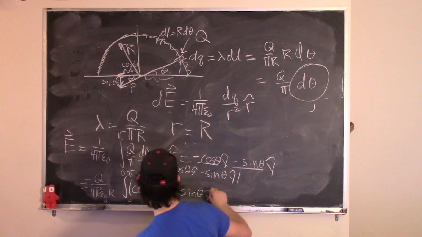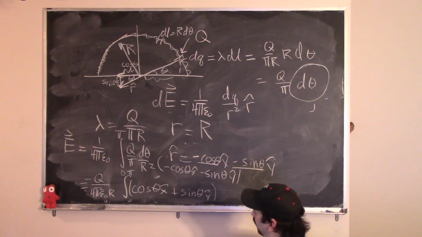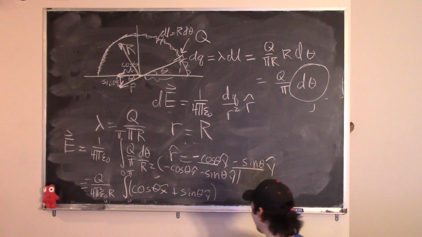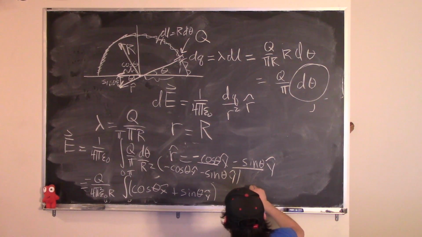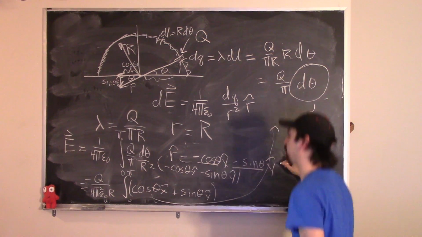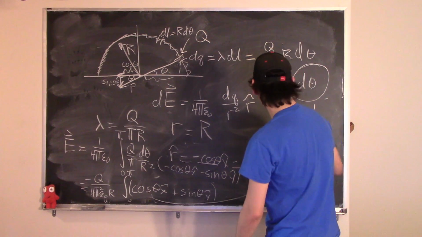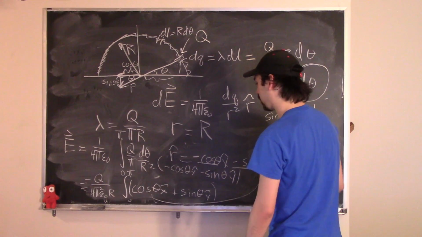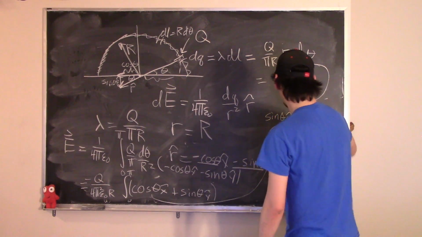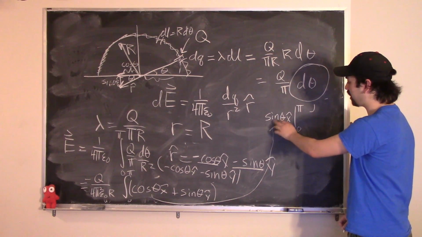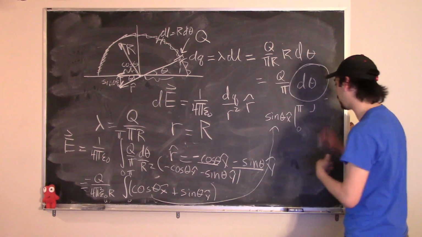What we're going to see is that the integral of cosine is going to be sine. I'm just going to look at this portion right now and worry about the constant in the front later. So this is going to be sine of theta x hat evaluated from 0 to pi. We actually see that this term is going to be 0 because sine of 0 is 0 and sine of pi is 0.